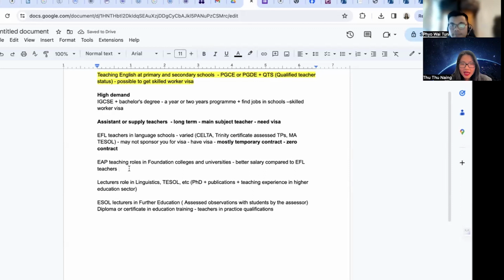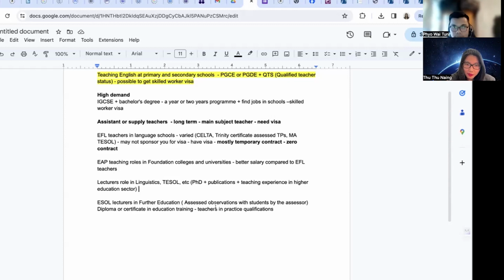Again, for lecturer roles, similar, better salary, but it will be highly competitive. And in terms of visa sponsorship, you'll need to get a permanent position or something like that, or your band, your pay grade should be a bit higher to get sponsorship. For ESOL, I think CRPOE has talked a little bit about it.